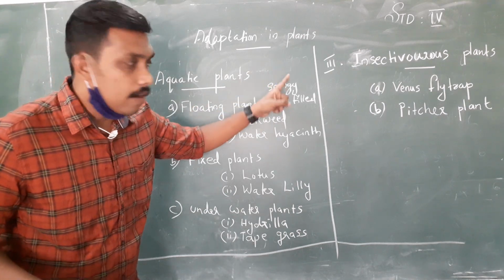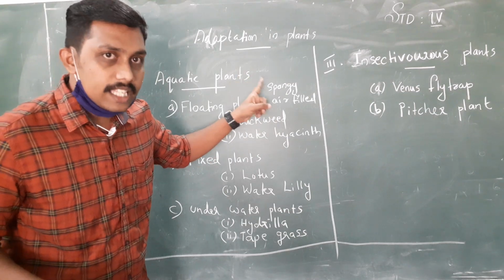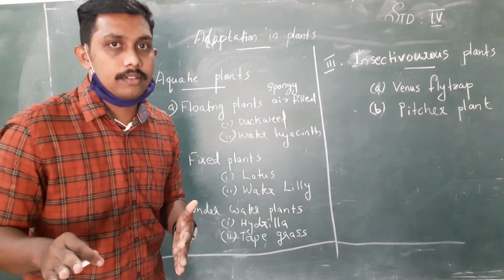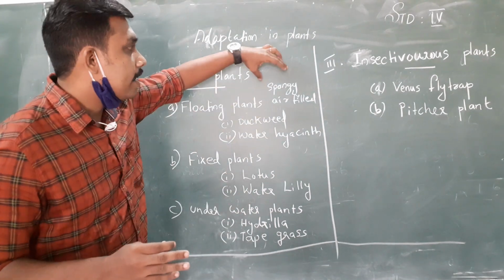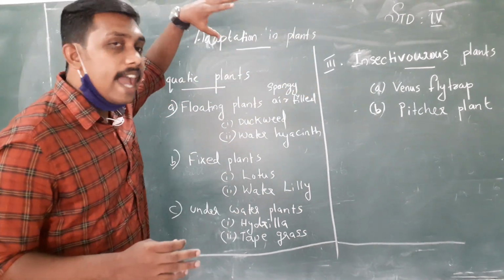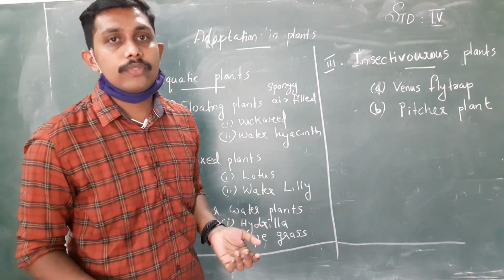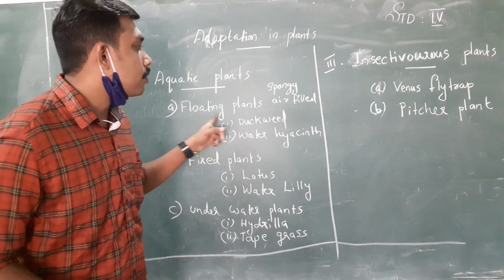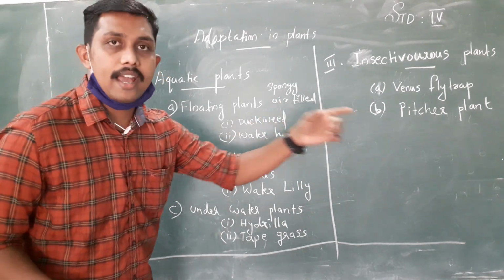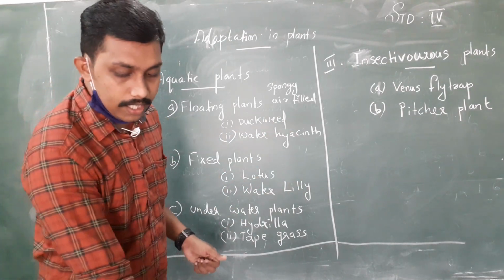Floating plants have spongy and air-filled parts. These parts help the plants to float on the surface of the water. Examples for floating plants are duckweed and water hyacinth.